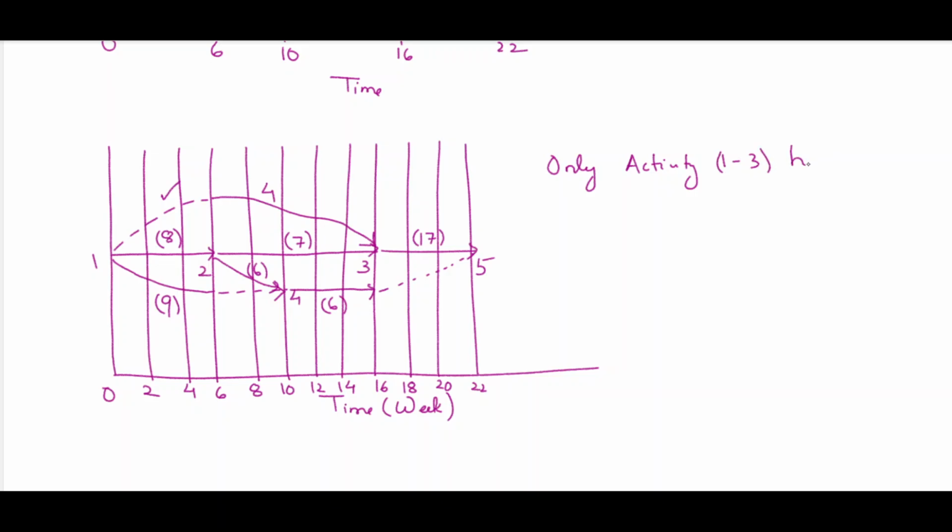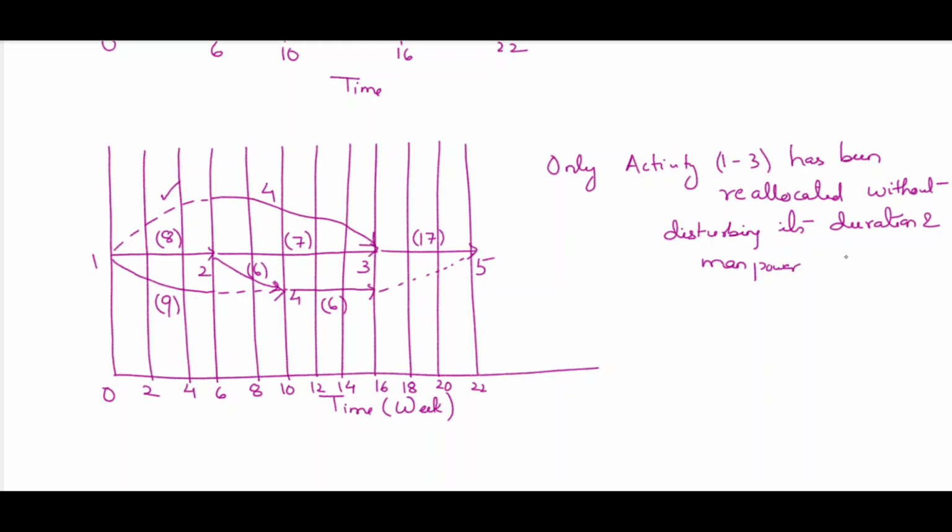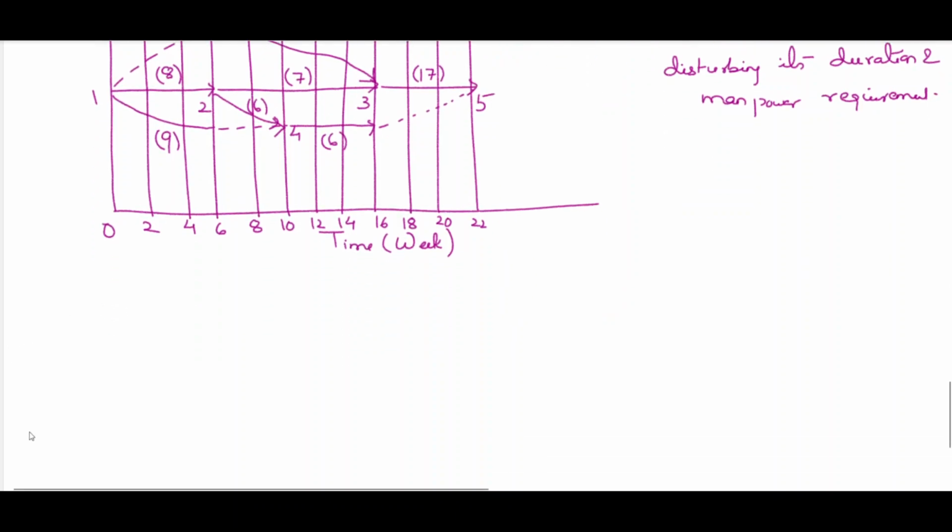Activity 1 3 has been reallocated without disturbing its duration and manpower requirement. I have only shifted the slack to the beginning. That's it. And if I do this, I find that at every node, at every zone, we are getting 17 manpower requirement. Let's check.